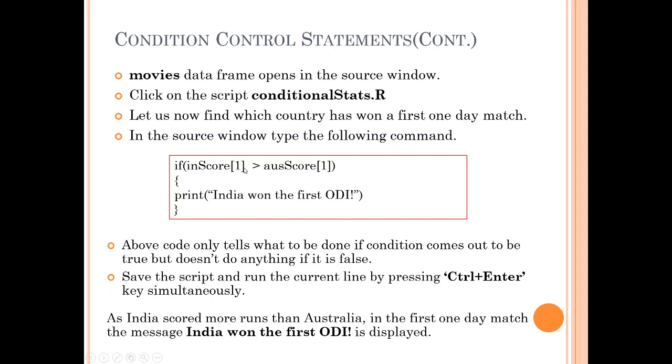Here ind score is a vector, and the value provided inside the bracket says that within that vector, get the value at the first index. Here also, from aus score, get the value at the first index. So we are comparing the first scores of both vectors, and if India's score is found to be more than Australia's score, we print India won the first ODI. So this is the basic if statement.